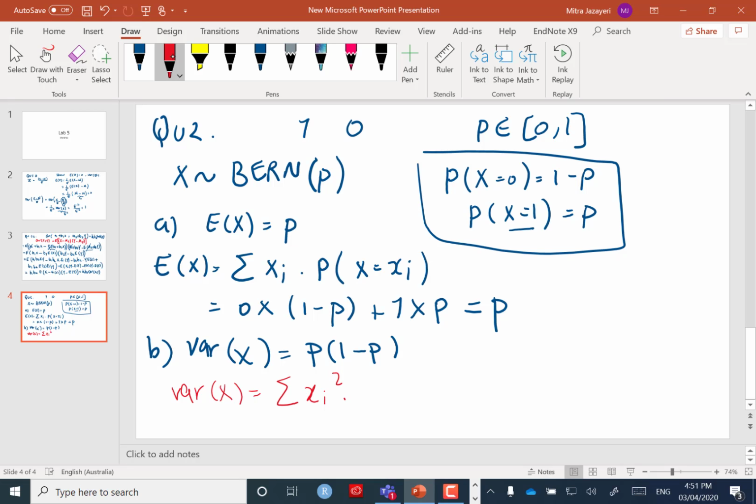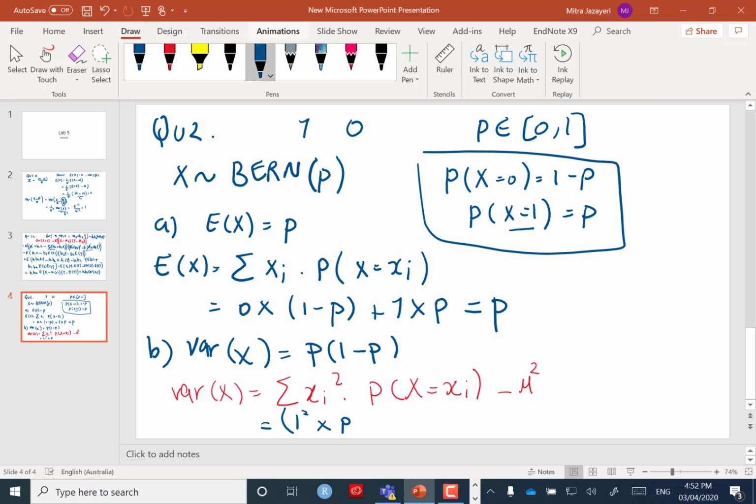So for that one, X only can be 1 and 0. So it's equal to 1 squared, which is just 1, times P, okay, plus 0 squared times 1 minus P.